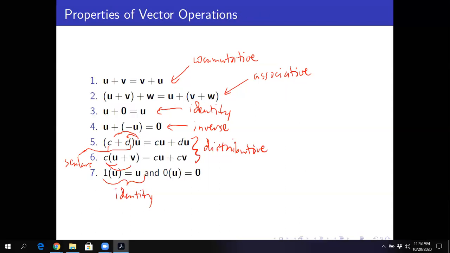Any questions on those identities? They're not super complicated or controversial. These are things that you would probably accept whole cloth, without too much convincing.